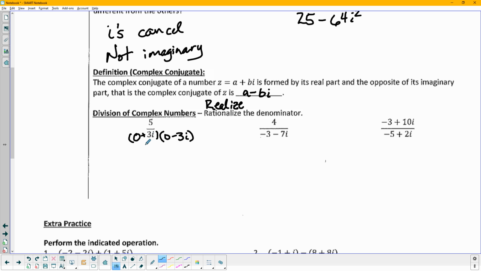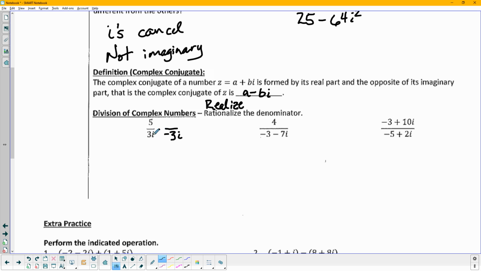But I don't need the zeros, obviously, so I'm actually going to erase that. All I really need to do is multiply this by negative 3i. And I know that that's going to turn into a real number.